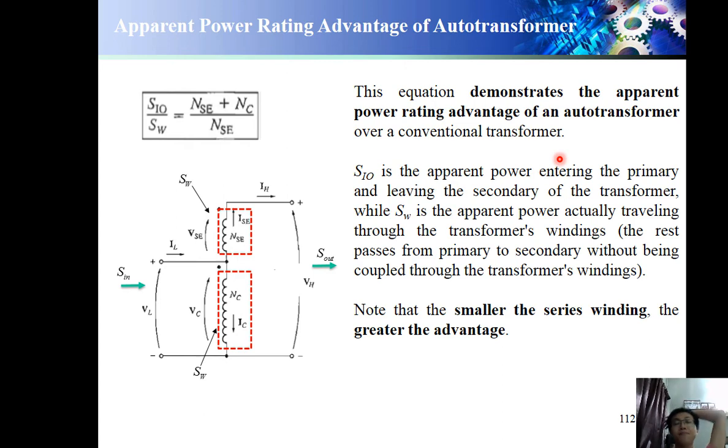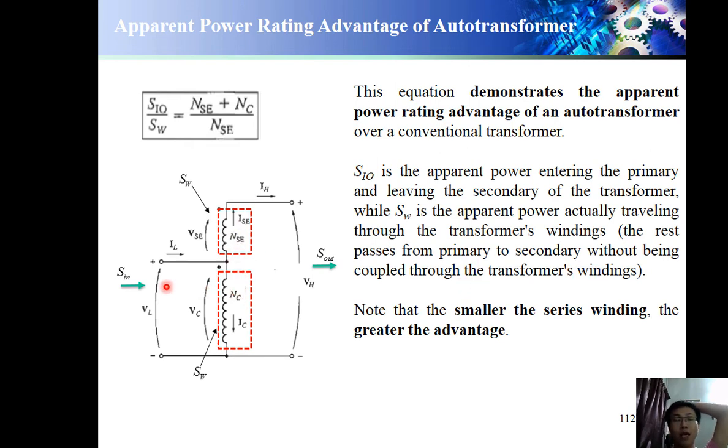Which means, we'll see this one. S input output is the apparent power entering the primary and leaving the secondary of the transformer, which goes in and goes out; we call it S input output. SW is the apparent power actually traveling through the transformer winding. The rest passes from primary to secondary without being coupled through the transformer winding.